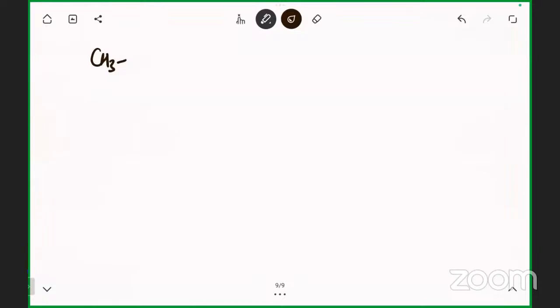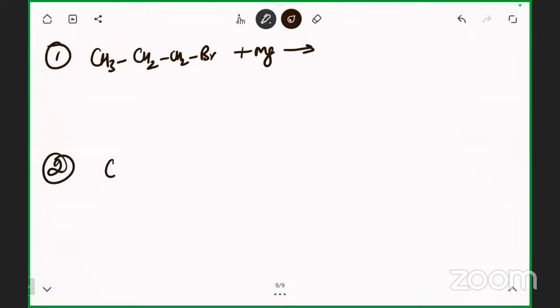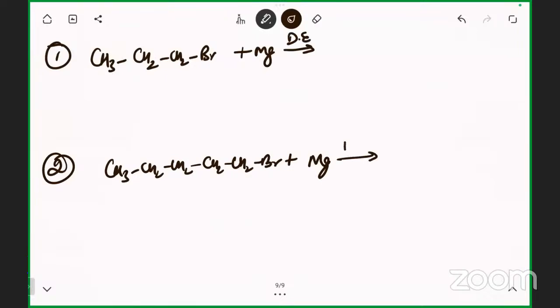CH3CH2CH2Br plus Mg. You need to complete the reaction till the hydrocarbon is formed. Second is CH3CH2CH2CH2CH2Br reacting with Mg in the presence of dry ether.